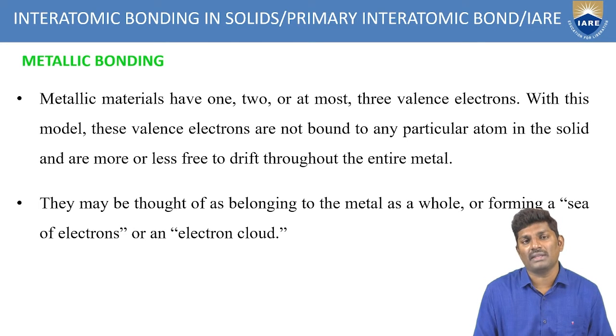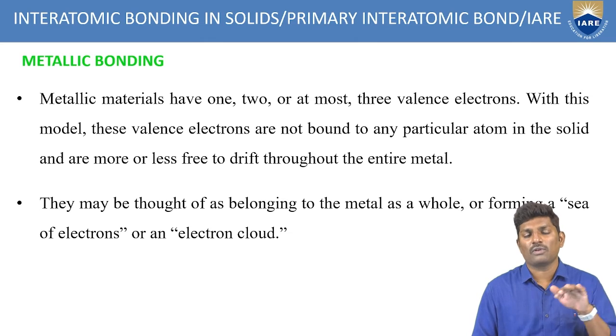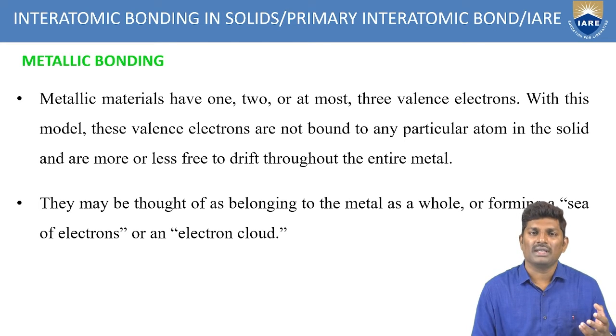But when you compare with ionic or covalent bonding, only 1 valence electron is involved. In metallic bonding, it can have 1, 2 or 3 valence electrons, and these can be shared with another atom. Since there is a free passage of these electrons, they can be shared, whether it is 1, 2 or 3, so that a strong metallic bonding forms between the elements. This metallic bonding can be observed in metals as well as in their alloys.